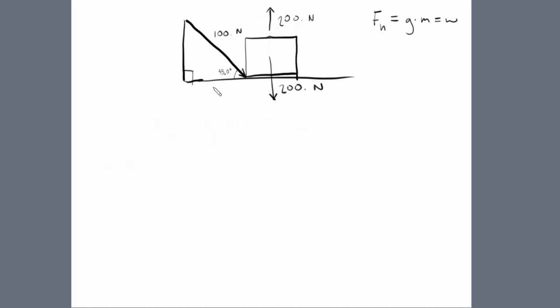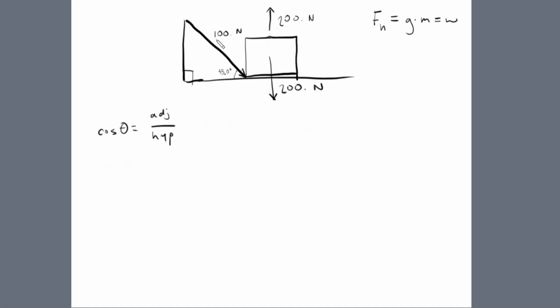The next thing we're going to do is find this value here. This is an angular component of this force that is being applied. The easiest way to do that is to use some trigonometry. Here we're going to use cosine because we want to find the adjacent side to this angle, which we're going to call theta. We know that the cosine of theta is equal to the adjacent side over the hypotenuse.